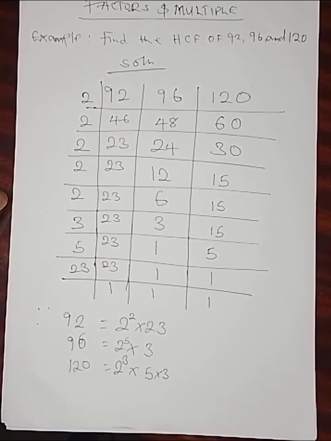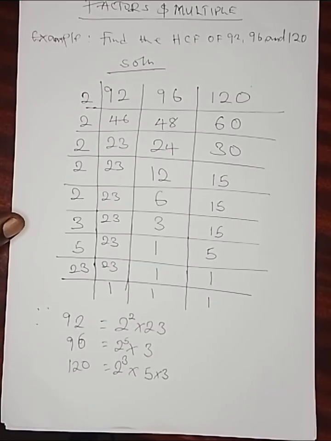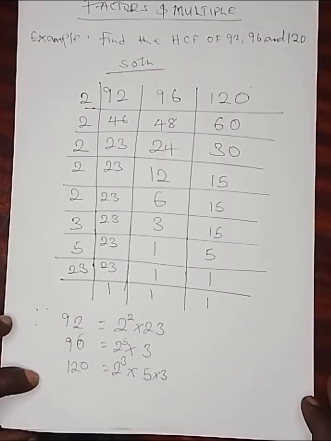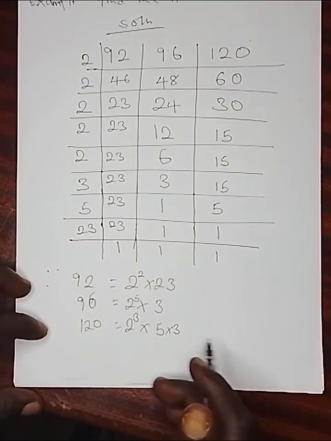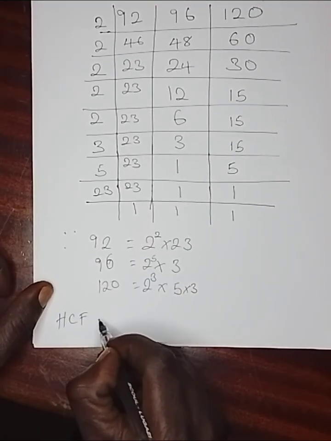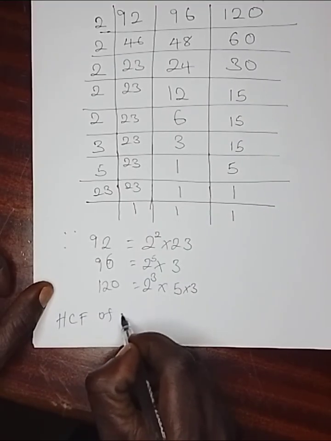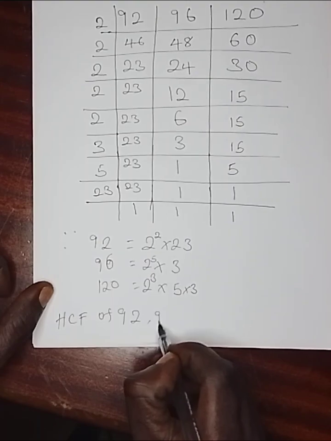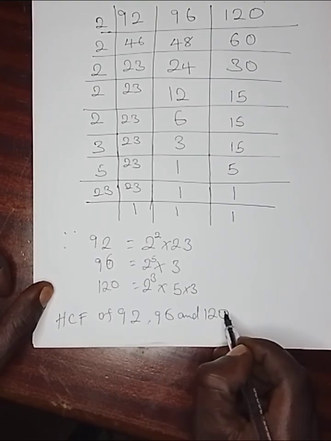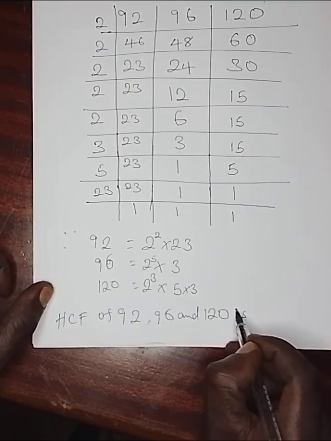So now, from there, you will get your highest common factor. How are you going to get your highest common factor? The highest common factor of this will go 2 squared. Now you have HCF of 92, 96 and 120 is what?